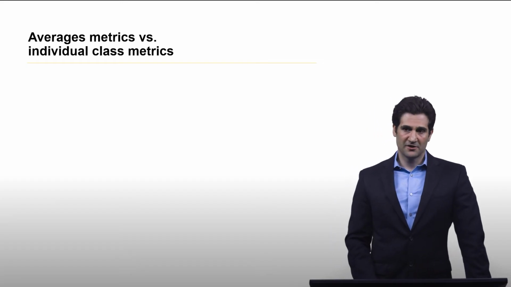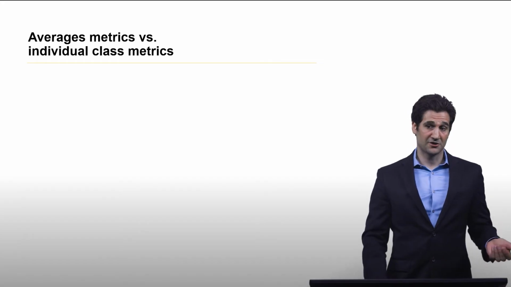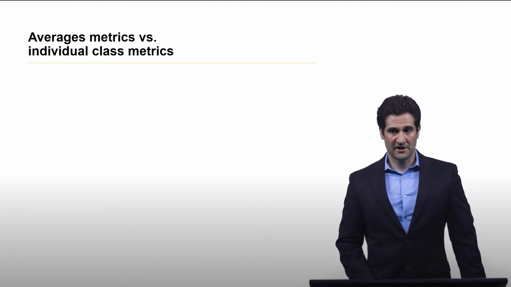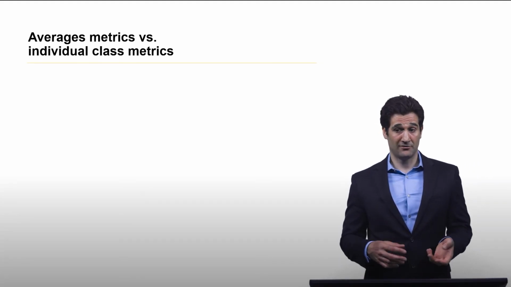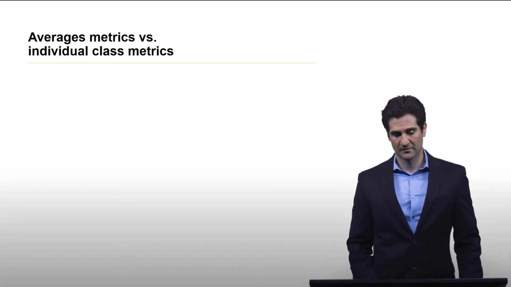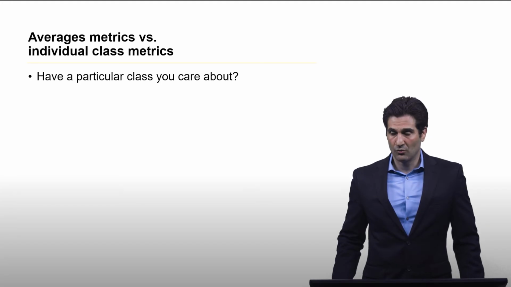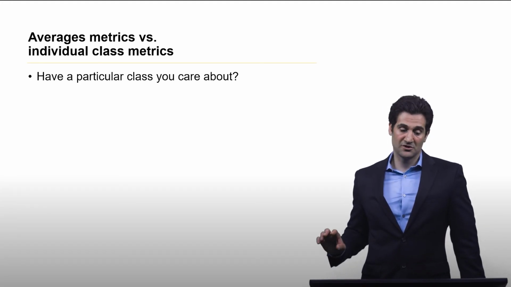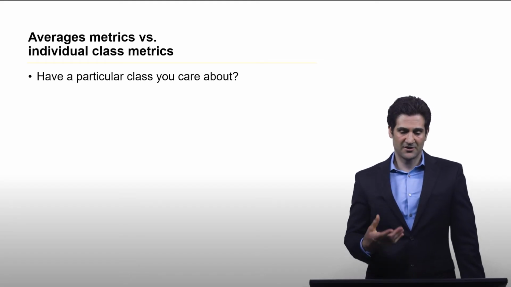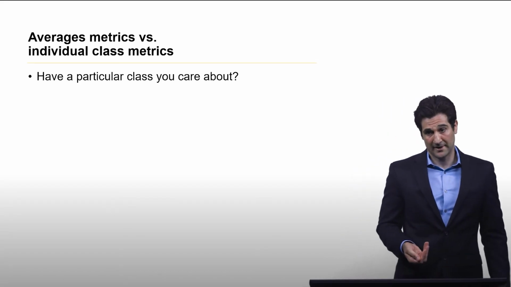So the other issue that we had with our cancer, no cancer example was we were looking at an aggregate metric, the micro F1 or accuracy score, as opposed to metrics for individual classes. And so when is the time that we should use an aggregate metric versus a metric for a specific class? The first is, do you have something you particularly care about?